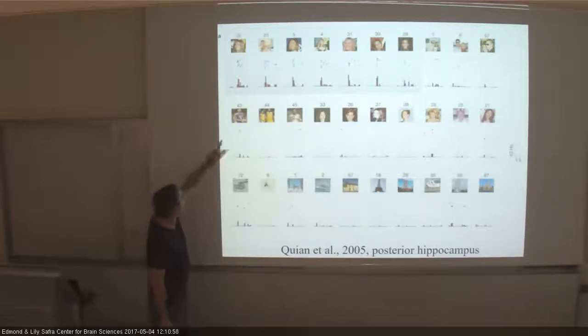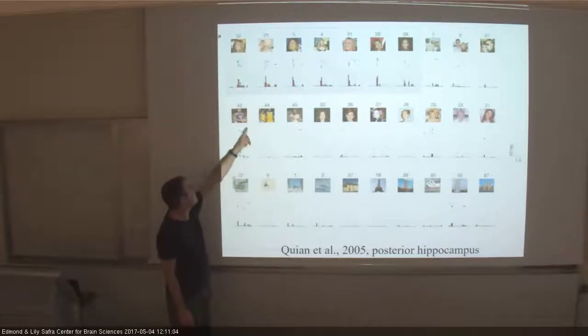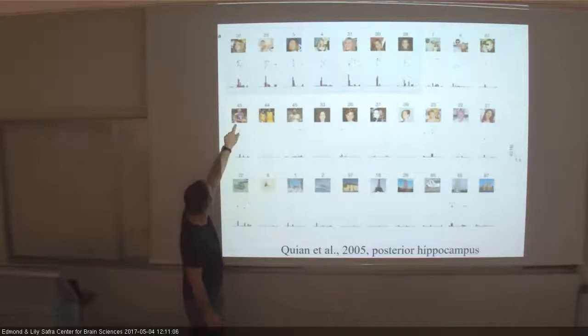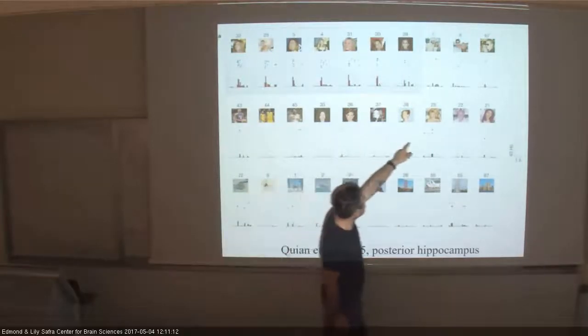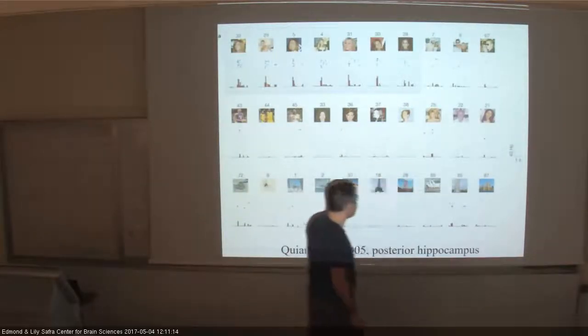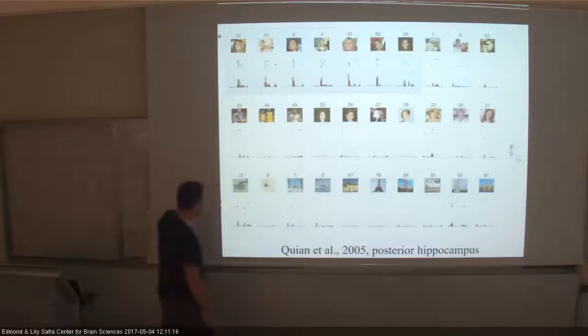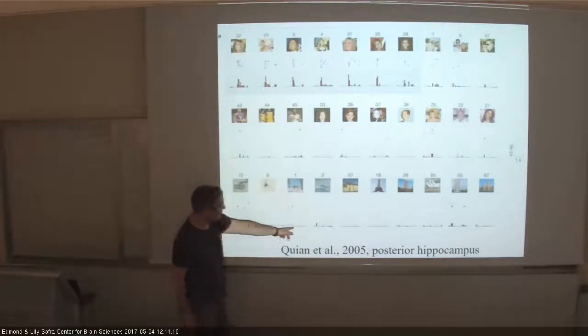And you see raster plots. We discussed raster plots, I think, in the first class. So there are many repetitions of presentation of this image to the patient, and you see these dots, which you can hardly see. These are the times of spikes of this neuron, and below is the histogram.